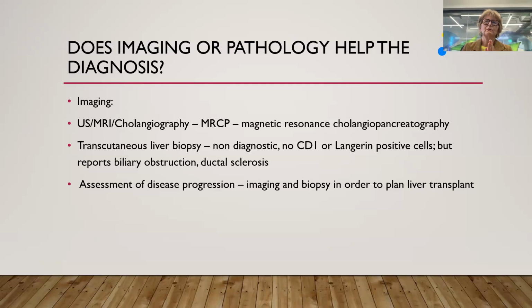Transcutaneous liver biopsy is very often non-diagnostic because we don't have CD1a positivity or Langerhans positive cells, but we have reports of biliary obstruction and ductal sclerosis. I'm sure Jennifer will give us some more insight on histopathology. Histopathology and imaging are also important for assessment of disease progression and in order to plan further treatment, especially liver transplant.